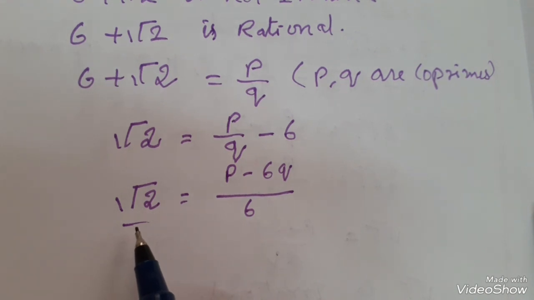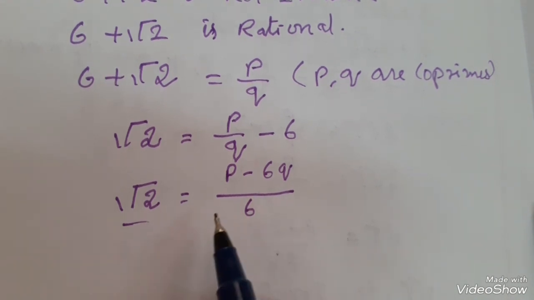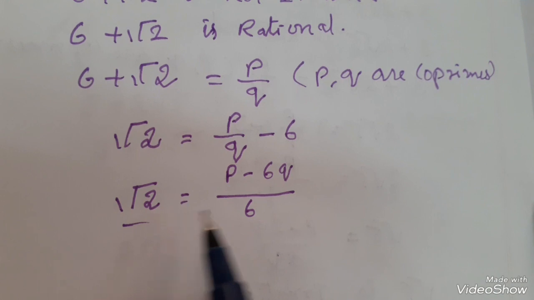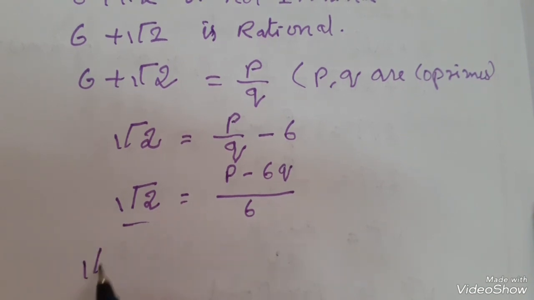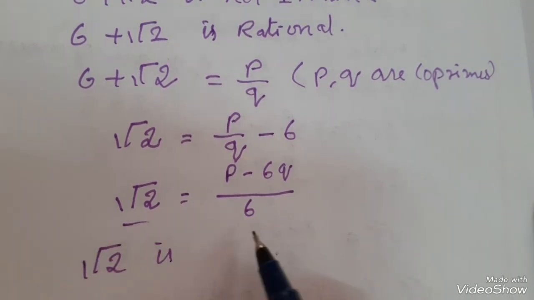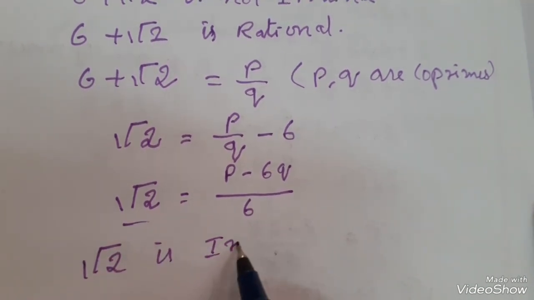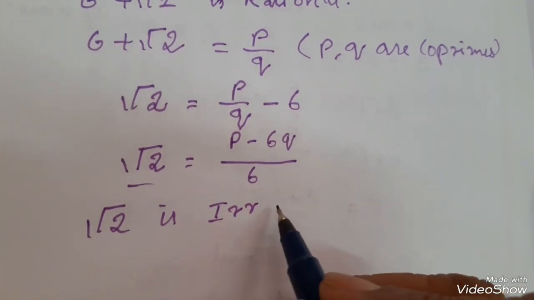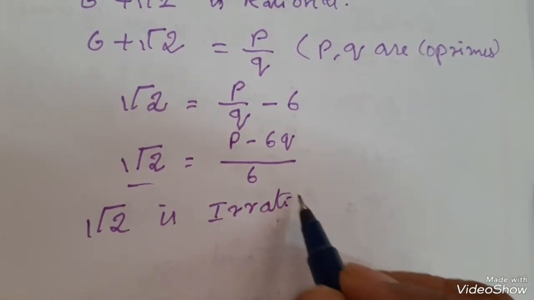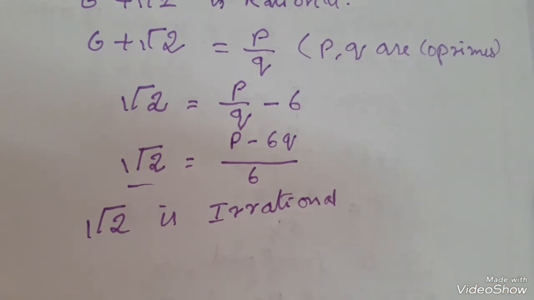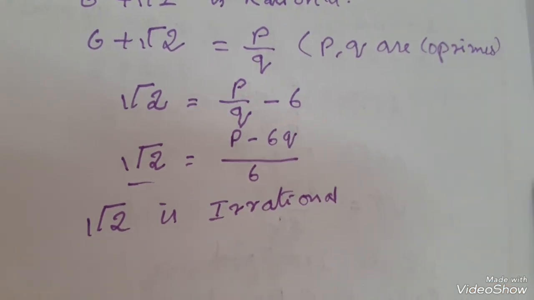So it is a contradiction to say both are equal. A rational number is never equal to an irrational. So a contradiction is formed here. Root 2 is irrational.